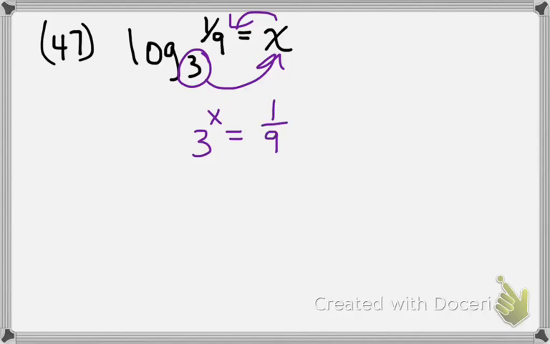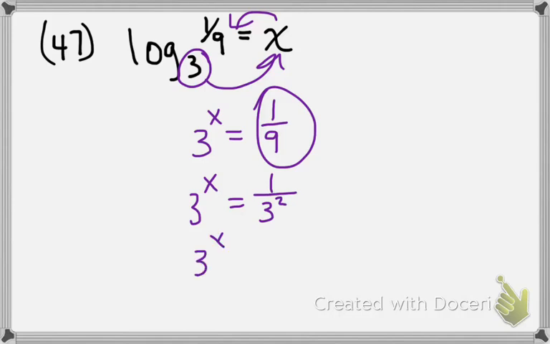And you can fiddle around in your calculator and try to figure out what x is going to be, or we can do a little bit of rewriting. So I'm going to take this 1/9, I'm going to rewrite it a little bit. So 3 to the x, well 9 is the same thing as 3 squared. So if I rewrite it like that, and then 1 over 3 to the second power is the same thing as 3 to the negative 2 power.